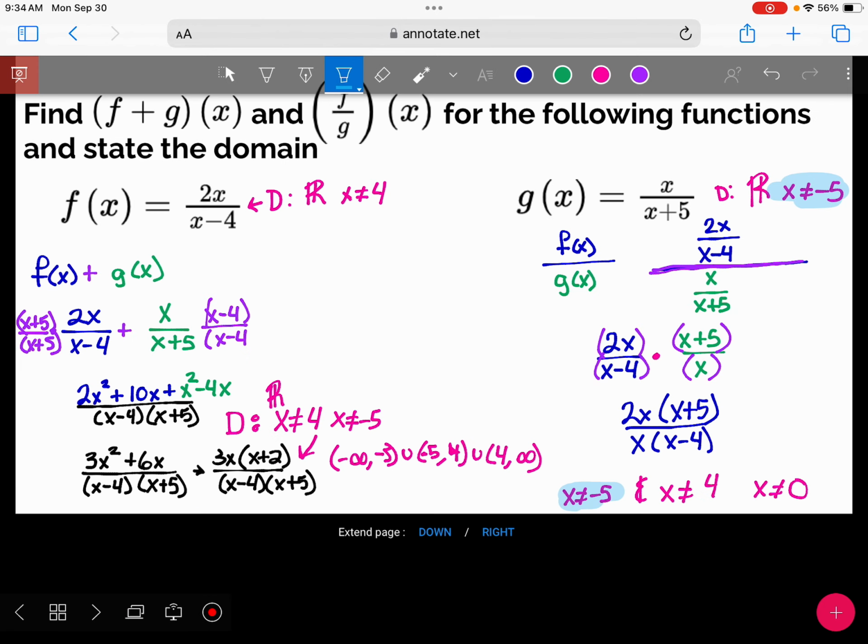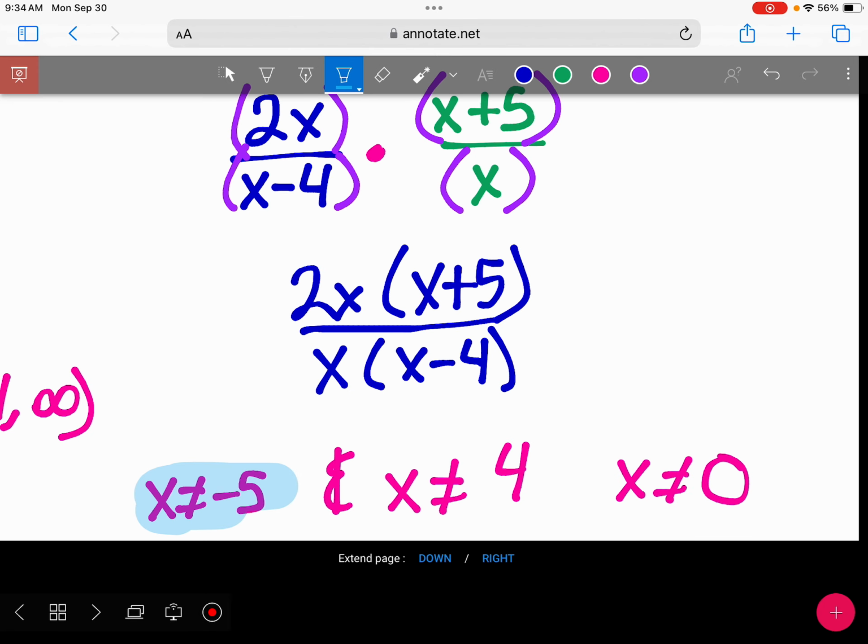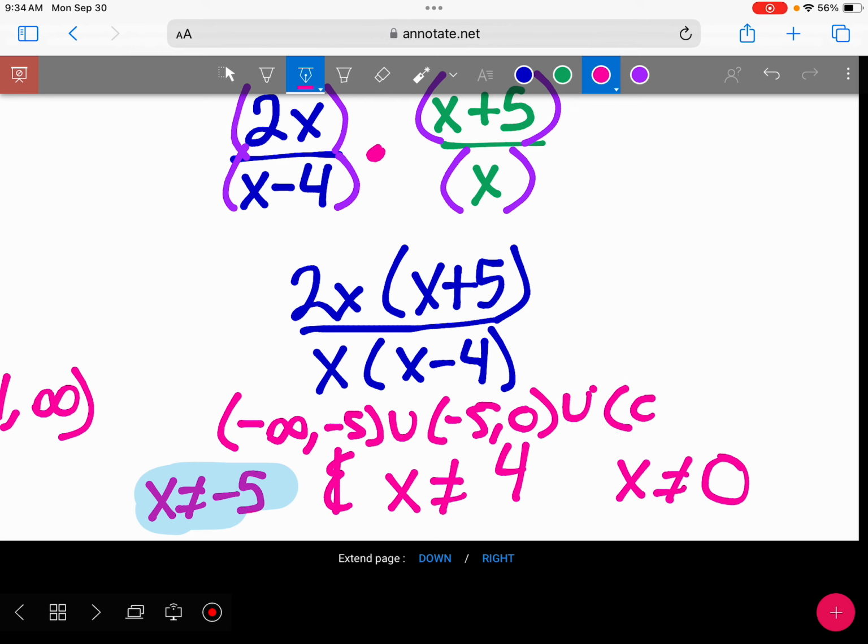So our domain is going to go from -infinity to -5, -5 to 0, 0 to 4, and 4 to infinity. So interval notation, they get gross. It's hopping over those excluded values.